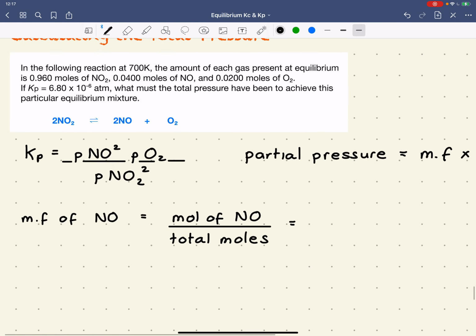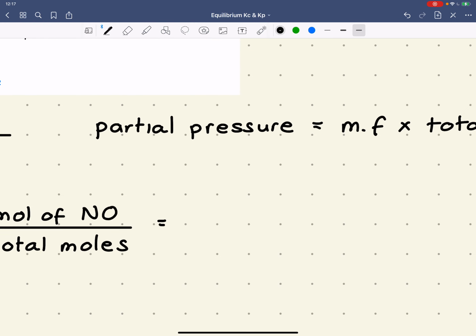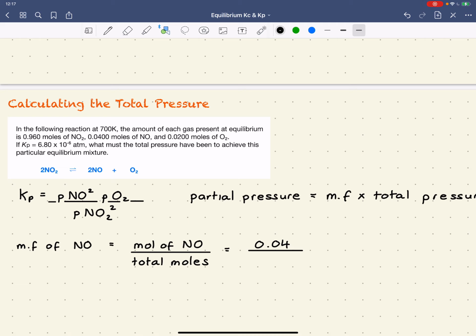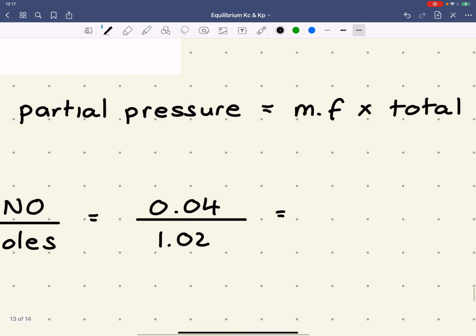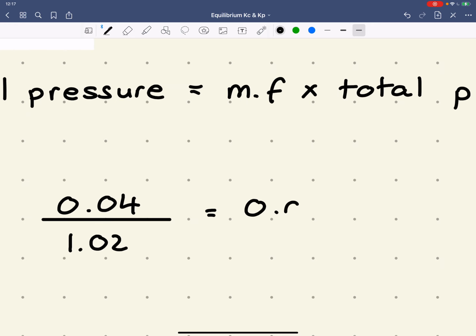And that's equal to, now we've already been given these moles at equilibrium, 0.04, divided by, when we add up the three different moles values, 1.02. When we do that calculation, we end up with 0.0392.